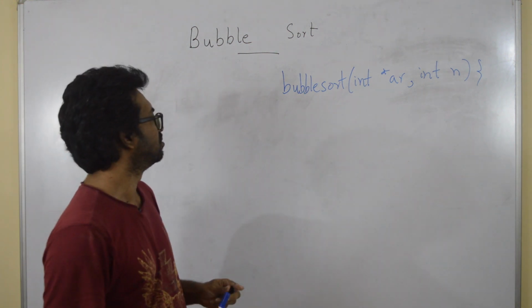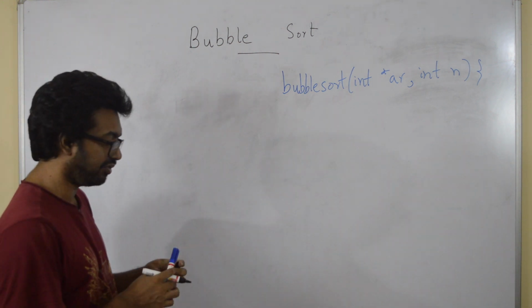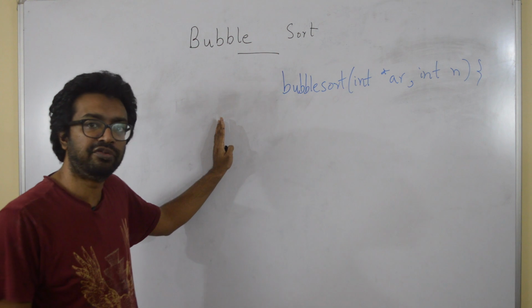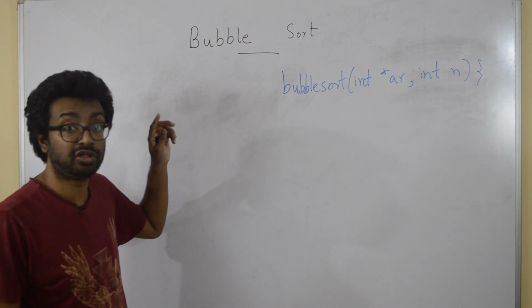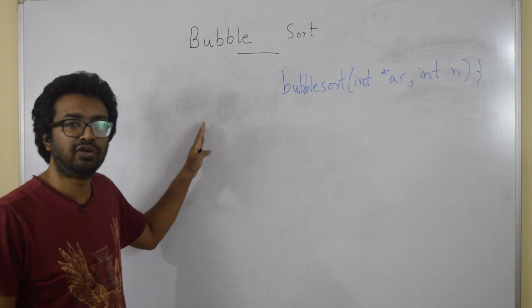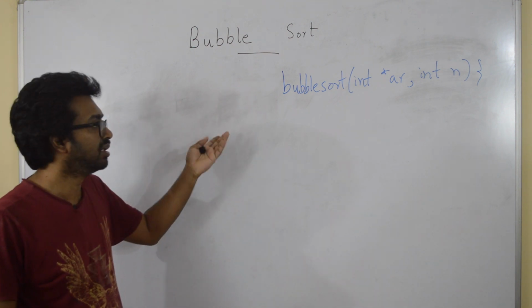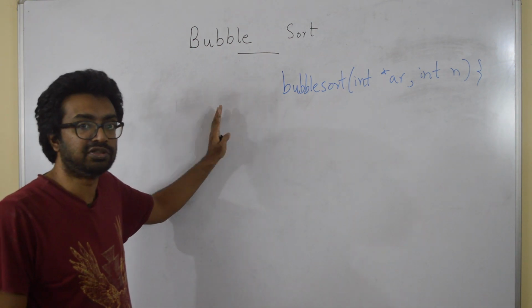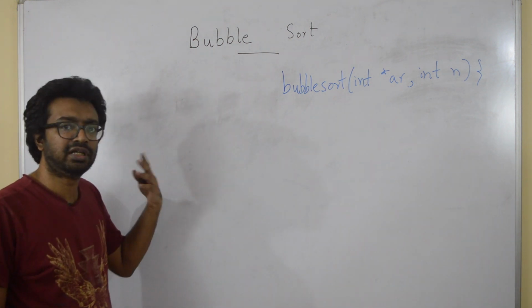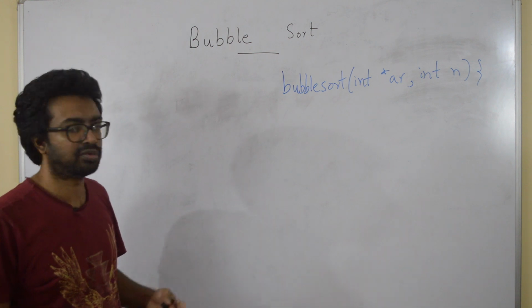After the first pass of the bubbling, what did we get? We got the maximum at the last position. The second pass of the bubbling, we got the second largest element in the second last position. And the third pass, we got the third largest element in the third last position. So it goes on like that.